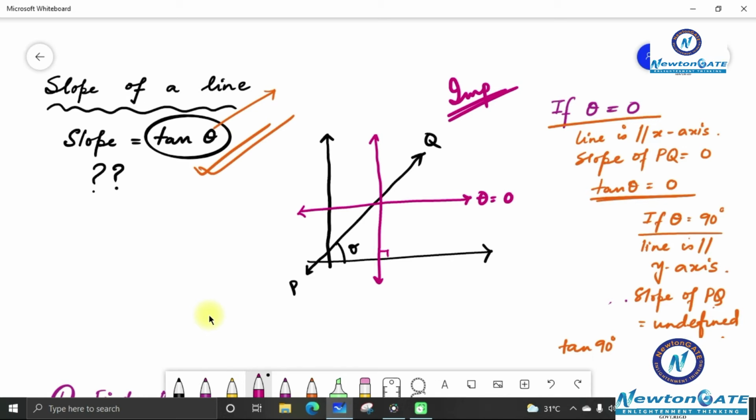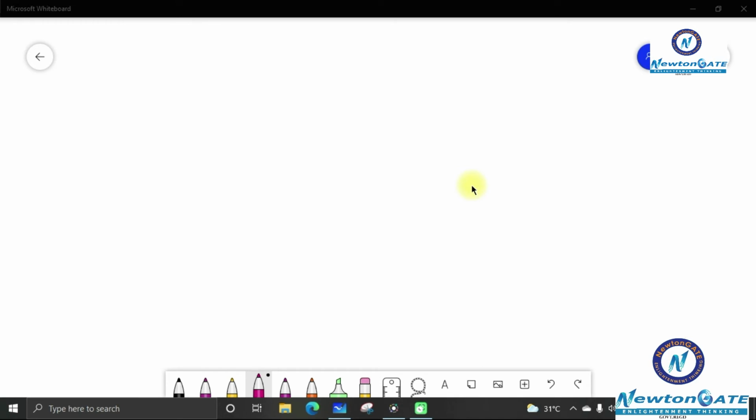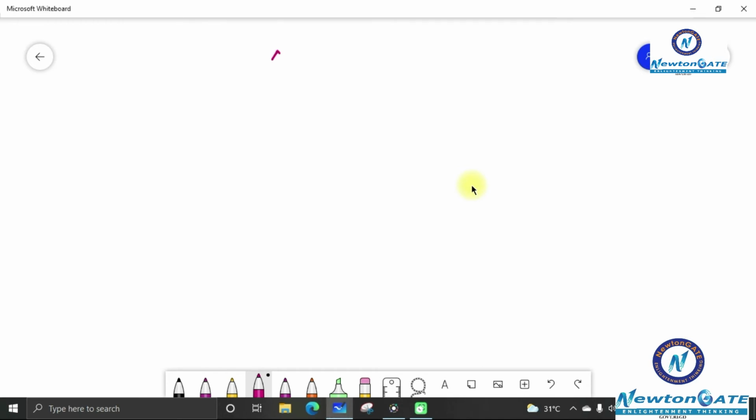Now we have another concept over here, that is when two given lines are inclined but parallel, which means suppose I am taking the diagram like this. I am taking the coordinate axes like this and I am drawing two lines. Now how is it different from the previous one?